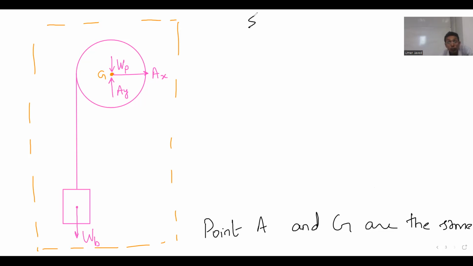Summation of moment about center of mass is equal to IA alpha. I apologize. Summation of moment about point of rotation, which is center of mass of pulley, is equal to IA alpha. Then you write anti-clockwise is positive.